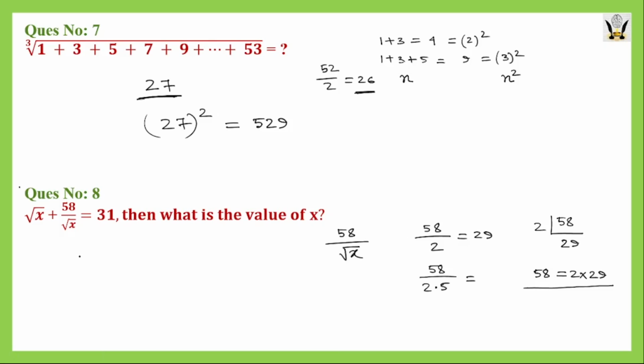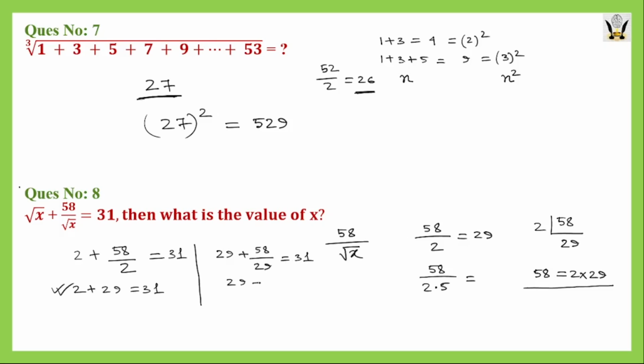Now if we take root x value as 2, then it will be 2 plus 58 divided by 2, and that has to be 31. So this is 2 and 58 divided by 2 is 29, and that is equal to 31. So it is satisfied. And the second value, if we take root x as 29, then it will be 29 plus 58 divided by 29, and that has to be equal to 31.